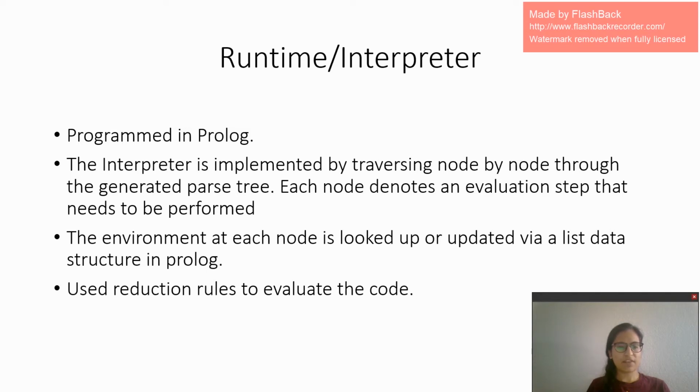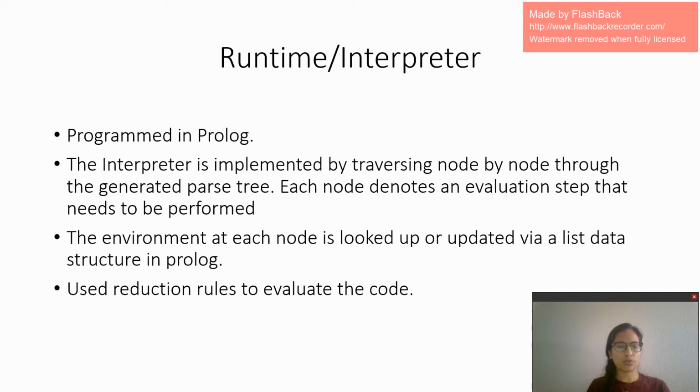We have written eval functions for each node defined in the parse tree, and the eval functions return an updated environment or an output value. After evaluation of the eval functions, the environments are updated. These eval functions are written using reduction rules to evaluate the code.